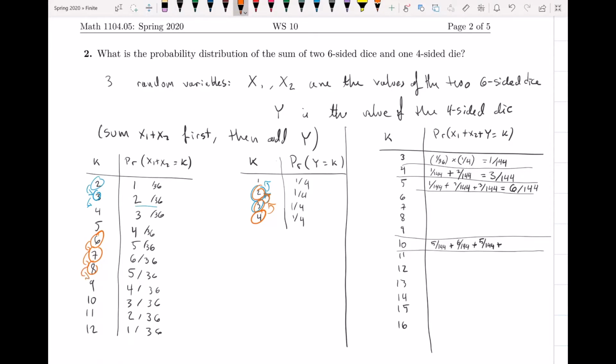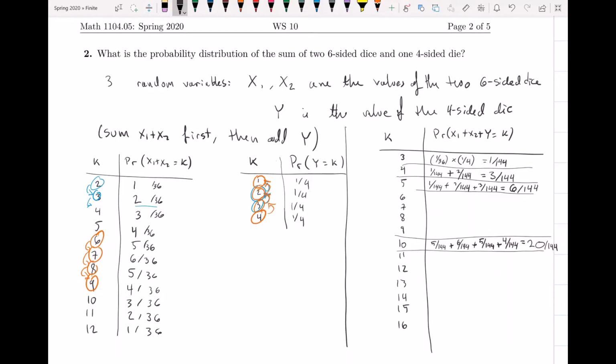And then the last value is 9 and 1. So we have 4 over 36 times 1 over 4, so 4 over 144. So 5 plus 5 is 10, plus 6 plus 4 is 20, over 144, of course.